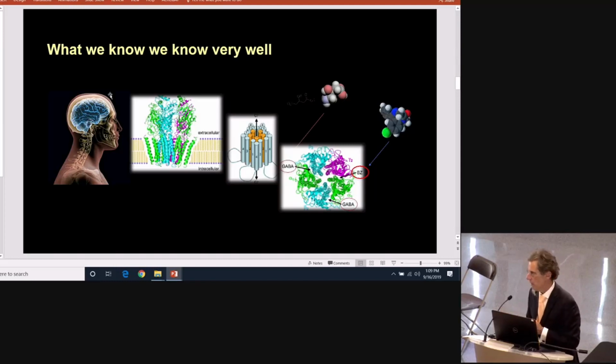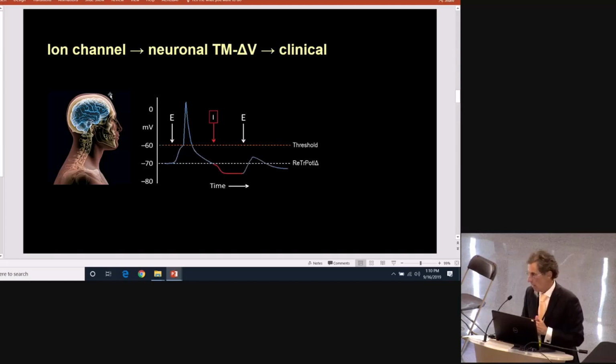It's an inhibitory amino acid. Interacts with the GABA-A receptor at a certain special place. Benzodiazepines interact with the same receptor, but at a different site. But what benzodiazepines do is they tend to magnify the effect, the inhibitory effect of GABA.